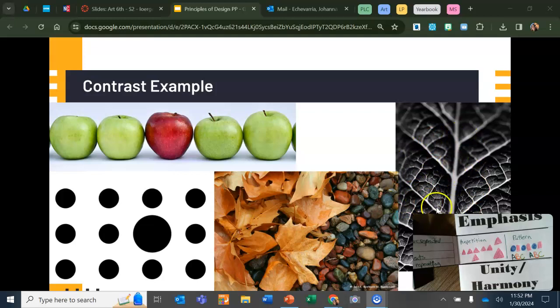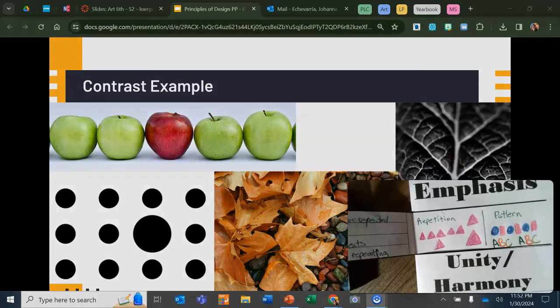And this particular image over here, the leaf, you have line, value, shape, all working, but really a lot of value shifting. It's helping make that contrast of the veins stand out.